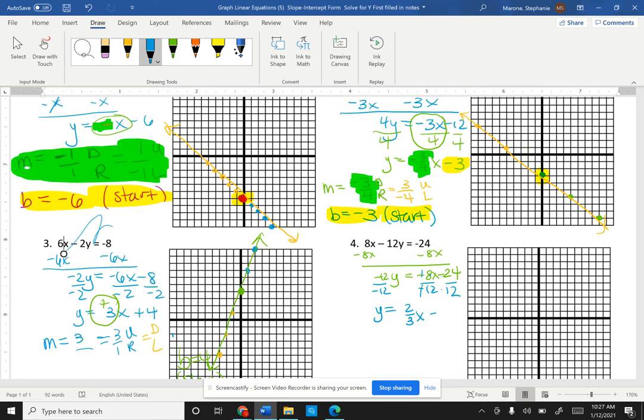Negative divided by a positive is a negative. 24 divided by 12 is 2. So I know that my slope is 2/3, or it could also be negative 2 over negative 3.